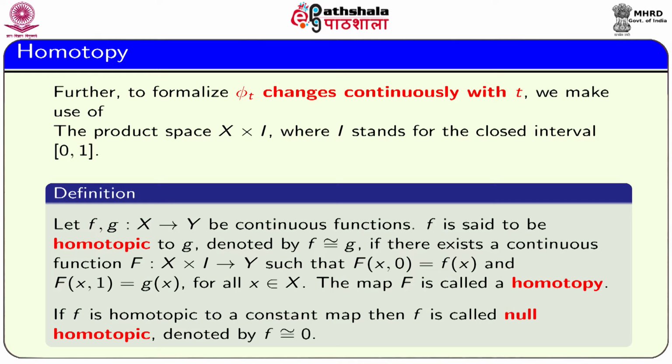If the function f is homotopic to a constant map, then that function is called null homotopic, and we denote it by f homotopic to 0.